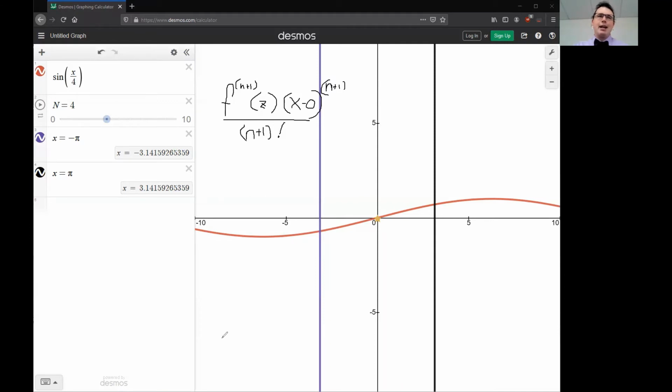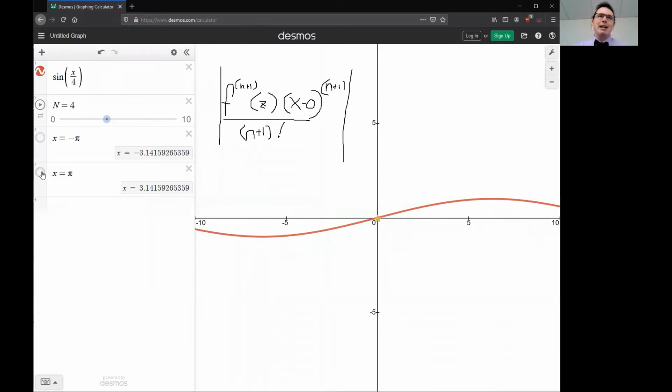Now, the way that I can make this easier to work with, well, for one, I only care about the magnitude of this quantity. I only care about the magnitude of this quantity, so I'm going to put everything in absolute value bars. More than that, though, I can make the formula easier to work with by overestimating the quantities that I see.